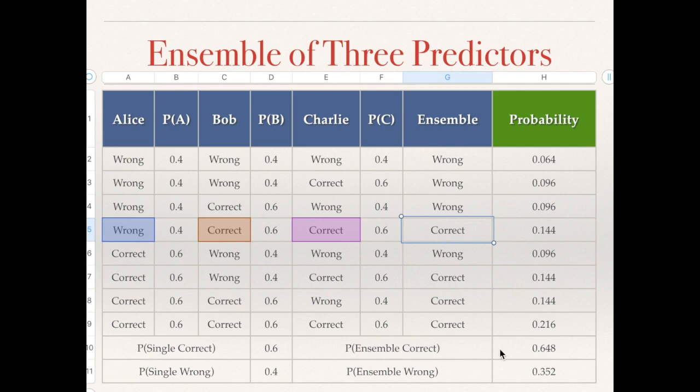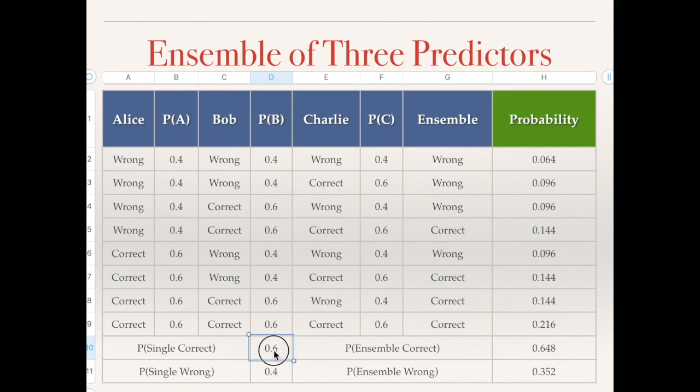In this case, the ensemble has something like 65% chance of being correct. That is nearly a 5% gain compared to the individual prediction's accuracy.